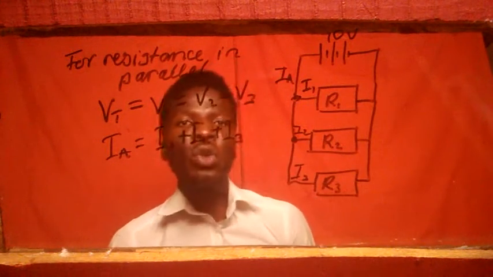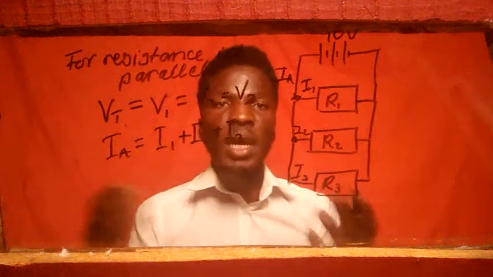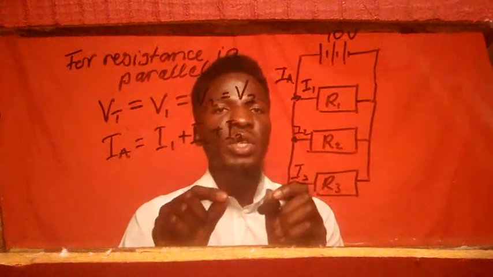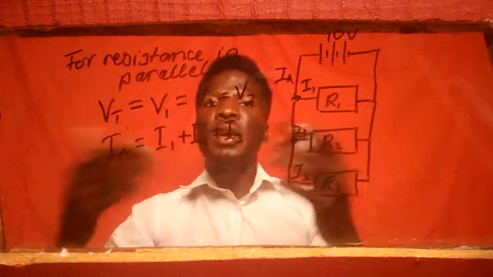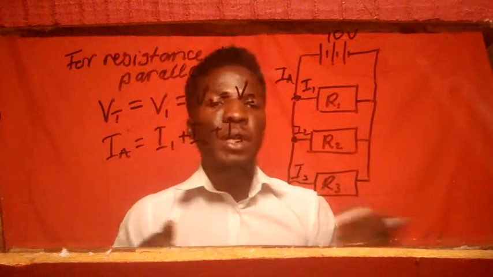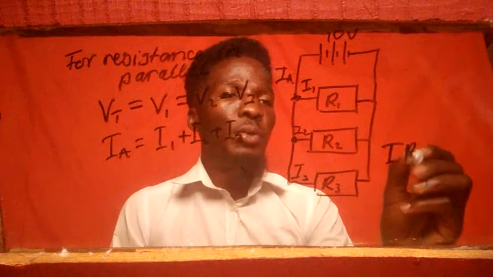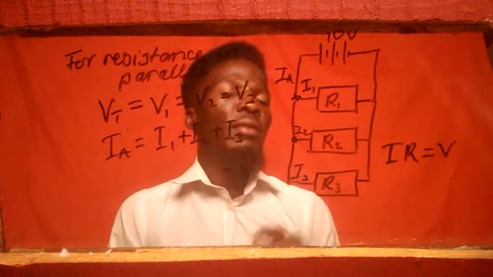Now from Ohm's law, which says that the current through an electric conductor is directly proportional to the voltage, provided that the temperature remains constant, which is basically written like this: current times resistance being equal to the voltage.